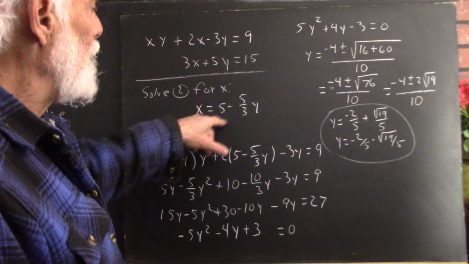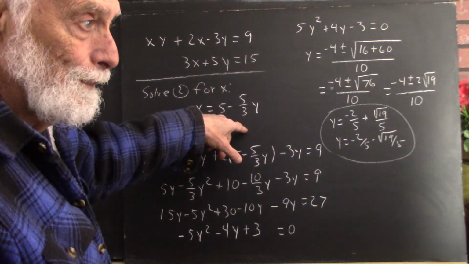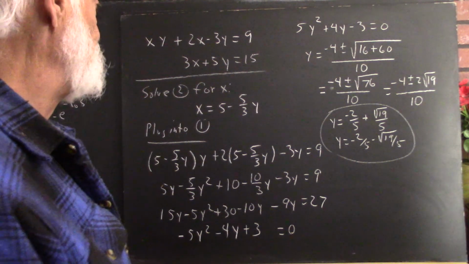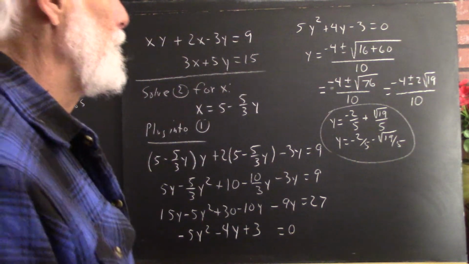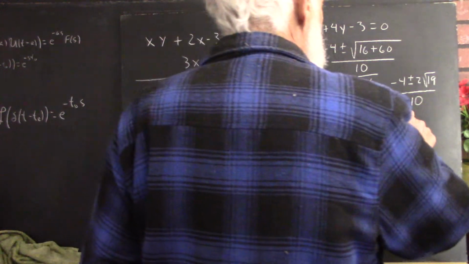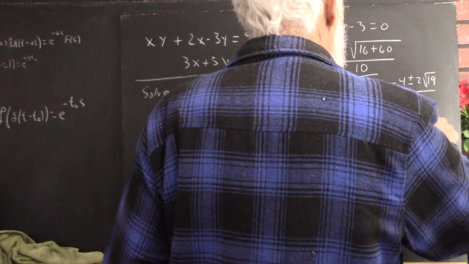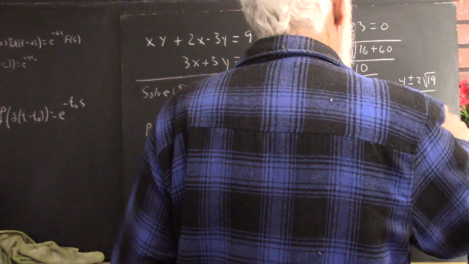Now x is 5 minus 5/3 y. Okay? So from this solution, we get x equals 5.